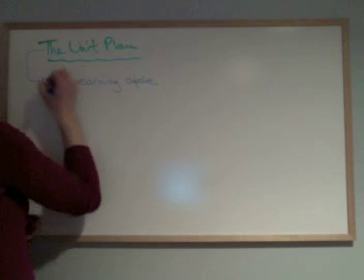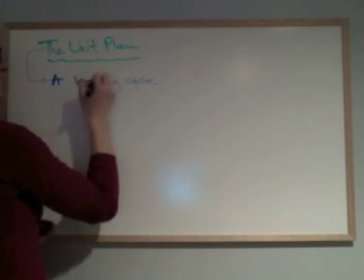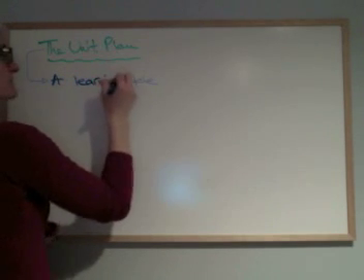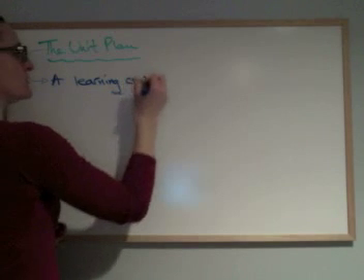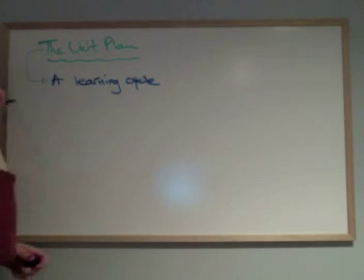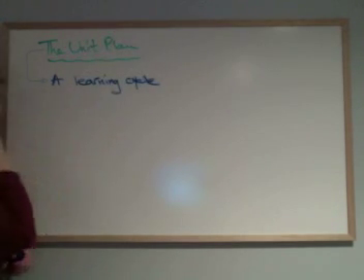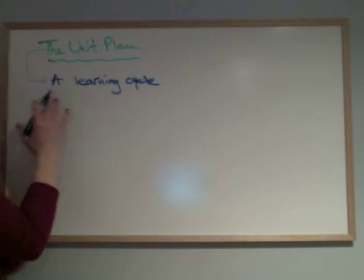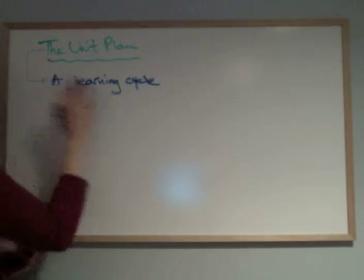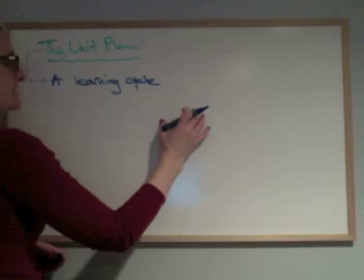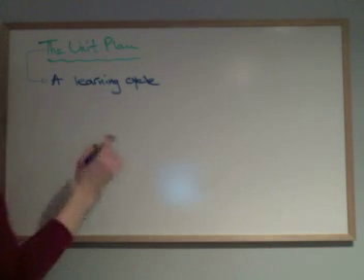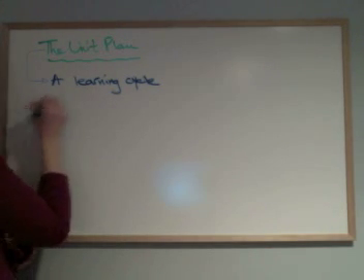A learning cycle is basically when we have a beginning, a middle, and an end to a learning process. That's what a learning cycle is.